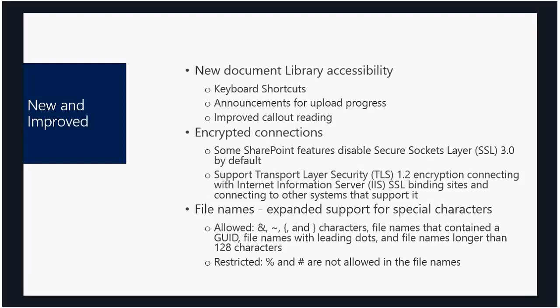There are landmarks, so you can have landmarks on a page to make it easier to navigate. There are also some text improvements for all major navigation links. We also have keyboard shortcuts, which can be provided in the document so people can use these shortcuts to quickly get started working with SharePoint.